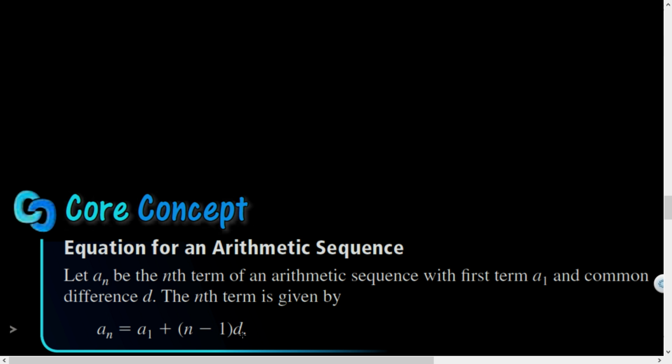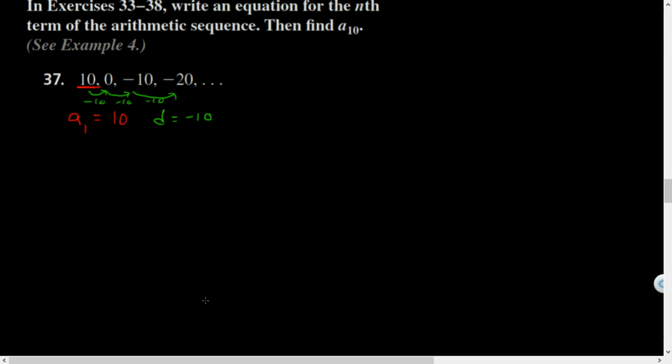So you add the common difference 1 less than n times, is the way that formula works. So I'm going to write that formula up here. Oh, there's my Inkwell back. Thanks for coming back, Inkwell. So my nth term is equal to a sub 1 plus n minus 1 times d.